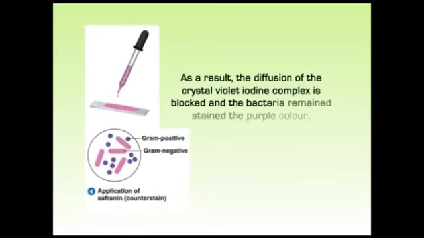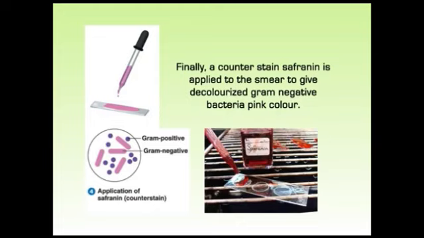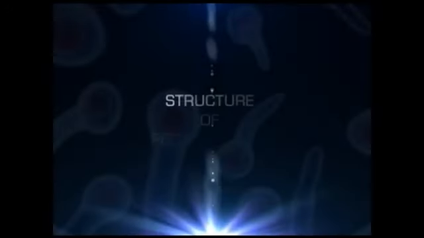As a result, the diffusion of the crystal violet iodine complex is blocked and the bacteria remain stained, that is the purple color. Finally, a counter stain known as safranin is applied to the smear to give decolorized gram-negative bacteria a pink color.